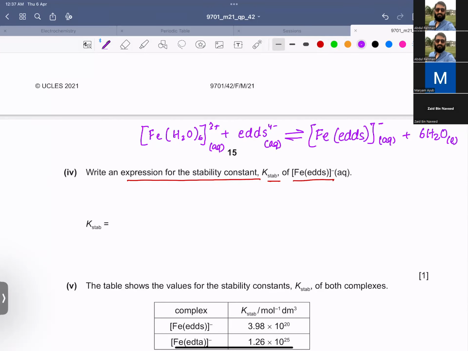So when you have to write the K stability constant, K step constant, anything which is aqueous must be included in this expression, but not the liquid.